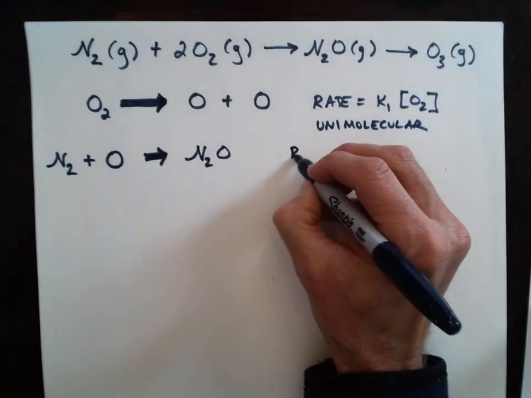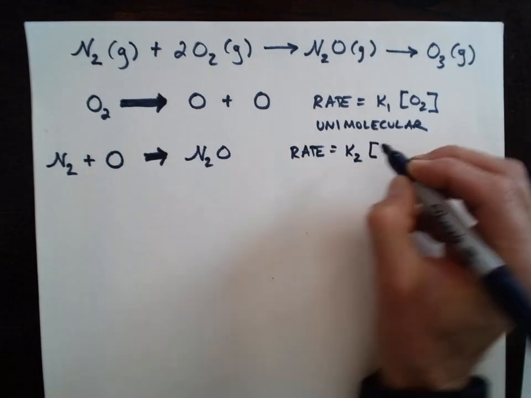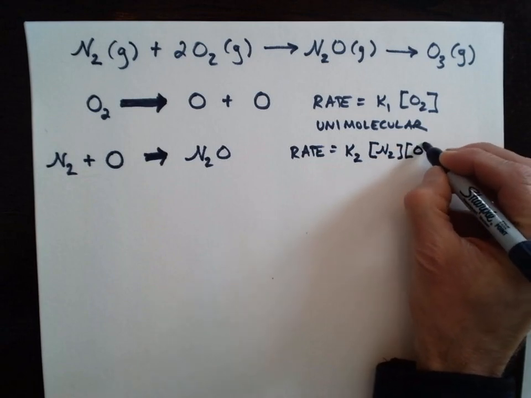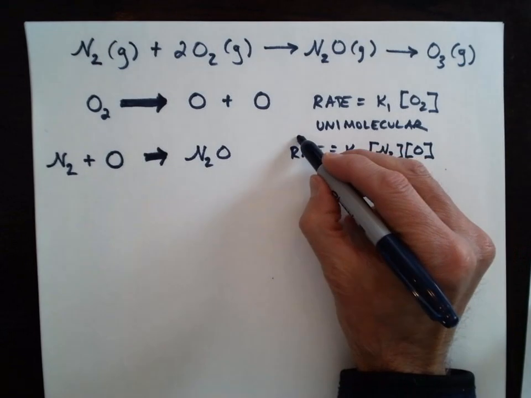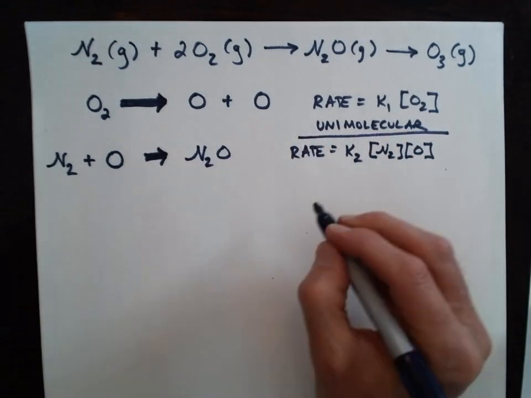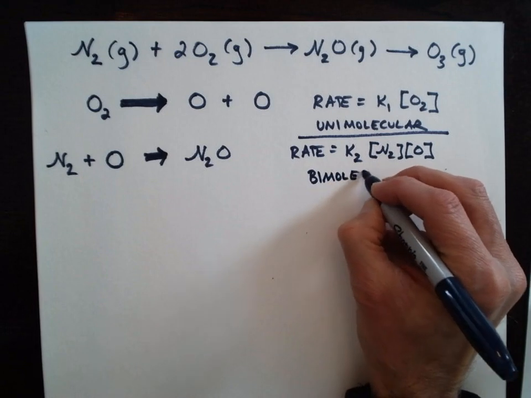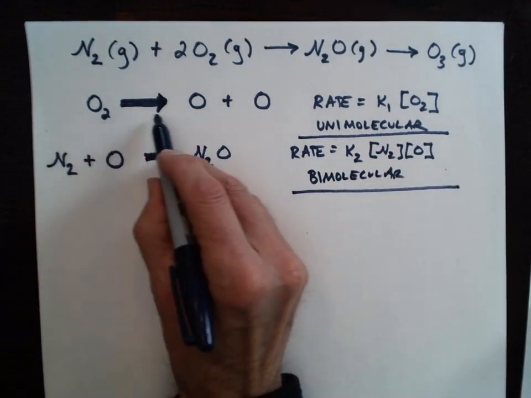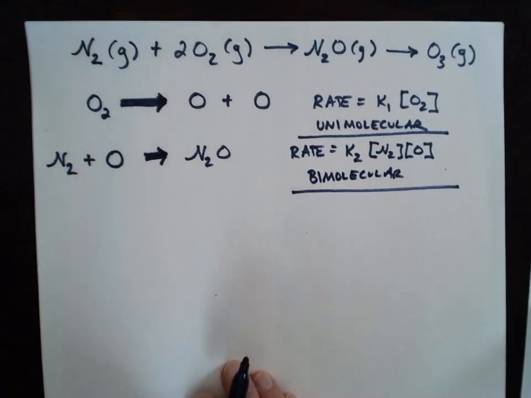The rate here would be k2 for step 2 times the concentration of N2 times the concentration of oxygen atom in the gas phase. And because there are 2 reactants, we call this bimolecular. So step 1 is a unimolecular step.